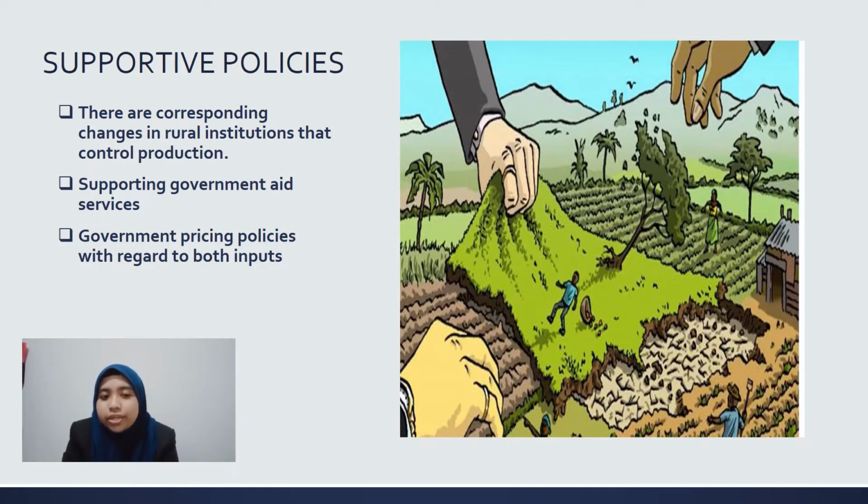The second point is supporting government aid services such as technical and educational extension services, public credit agencies and others. The last point is government pricing policies with regards to both inputs, such as removing factor price distortion.